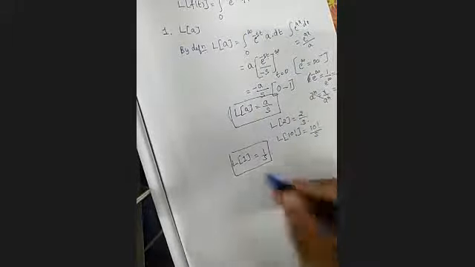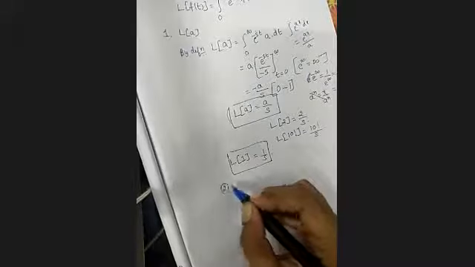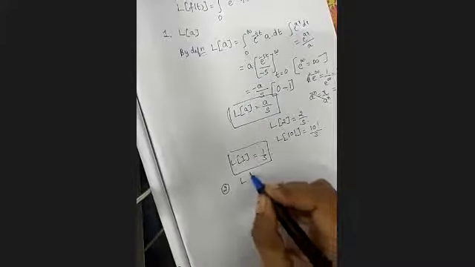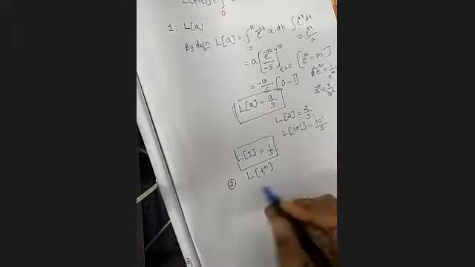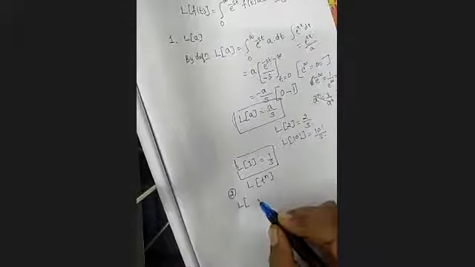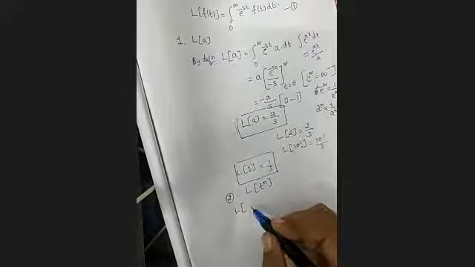Okay. Now, the second standard function we are going to take is t raised to n. Again, what we have to use is the same equation 1 only. What we have to replace f of t by? In place of f of t, we write t raised to n.